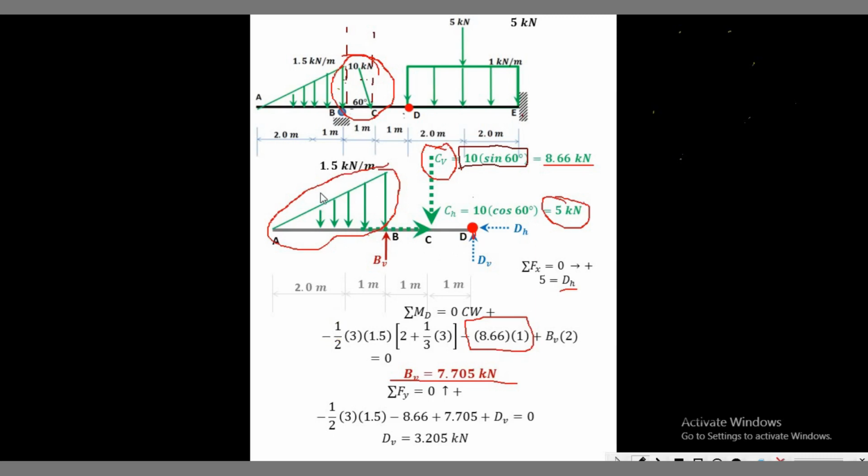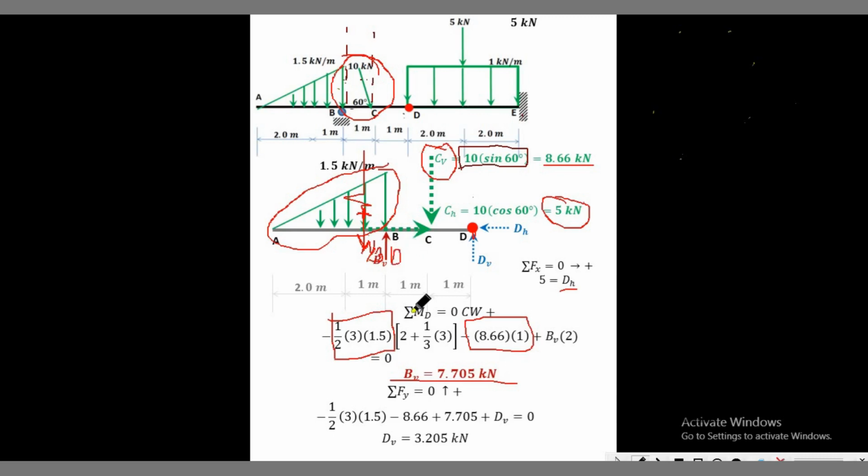The area of this triangle is 1/2, the base is 3, and the height is 1.5. The moment arm for this triangle is, kung andito yung resultant, di ba ang centroid ng triangle is andito sa part na to. Diyan mag-a-act yung resultant. And that distance is equal to 1/3 of the base.